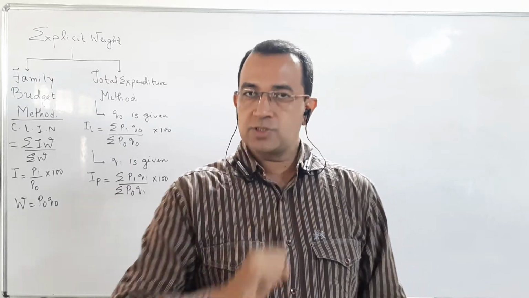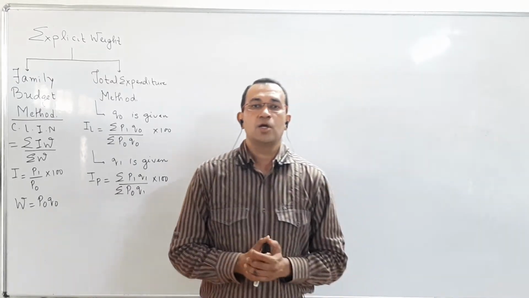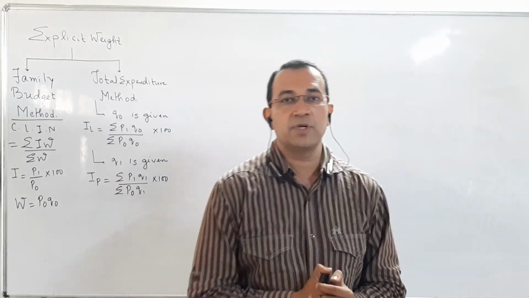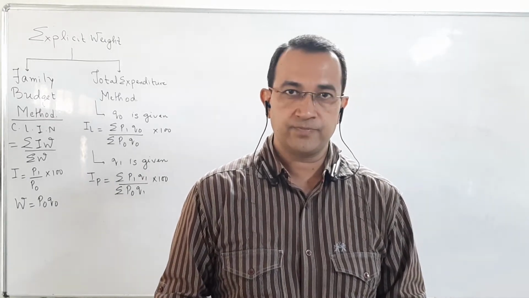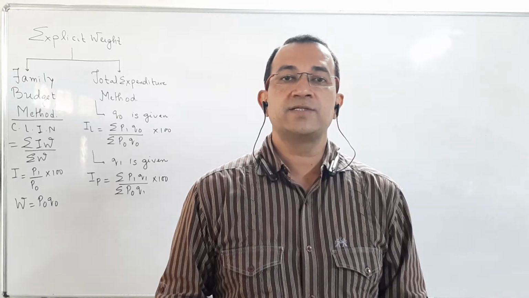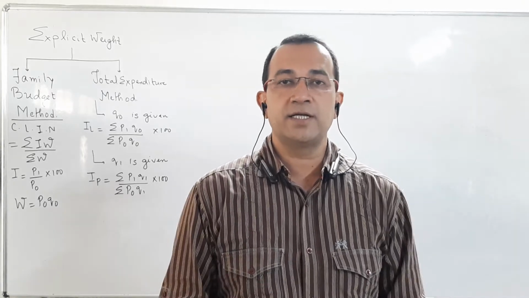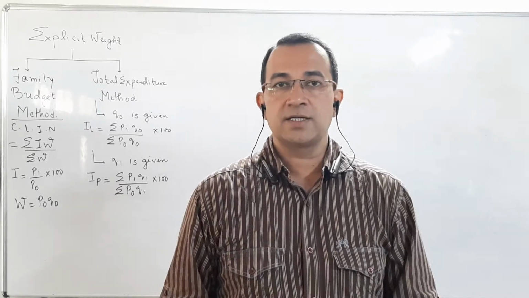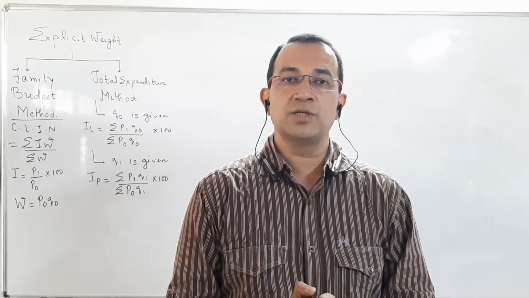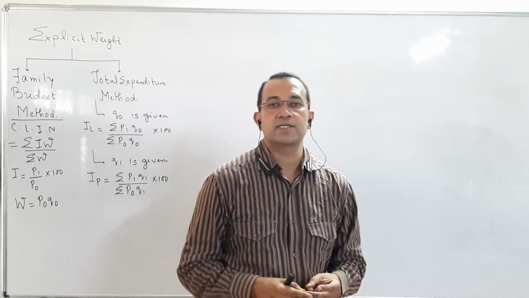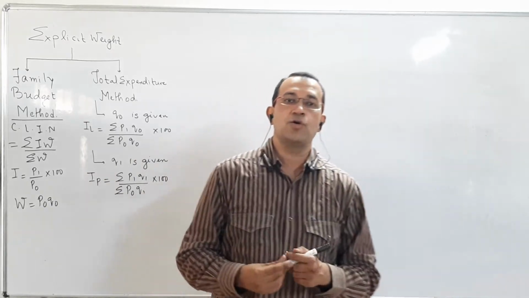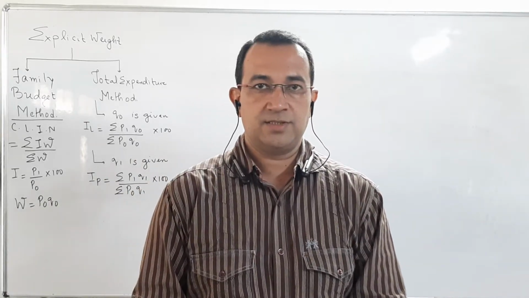I told you, students, the formula for cost of living index number is very important, because in exam, every alternate year, or say every year, one short sum or long sum based on cost of living index number is always asked.